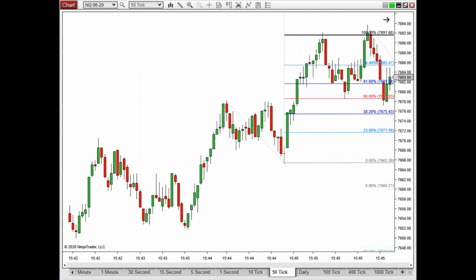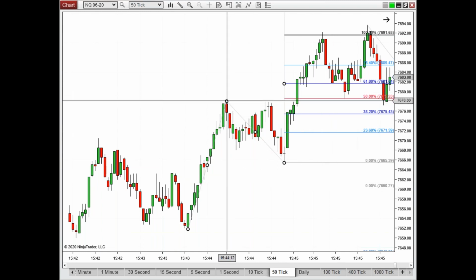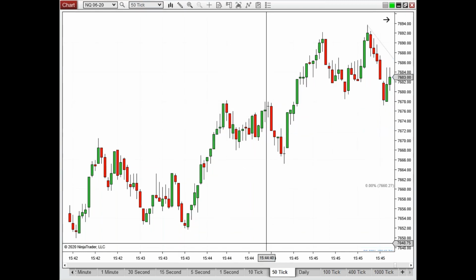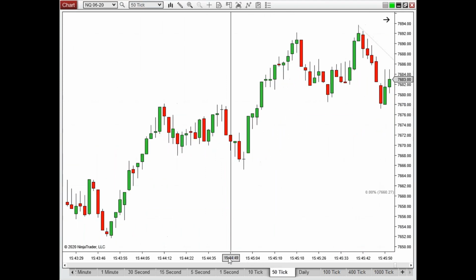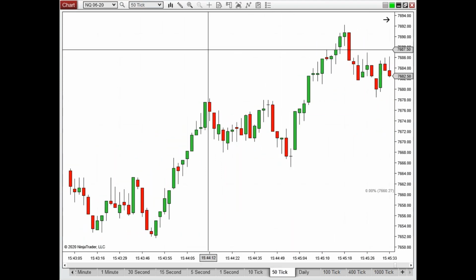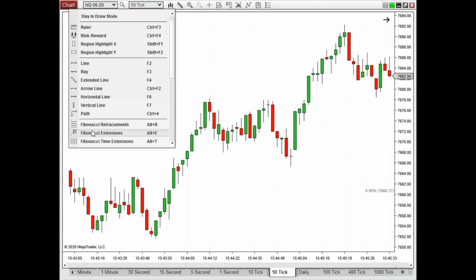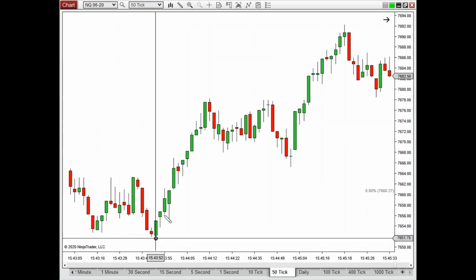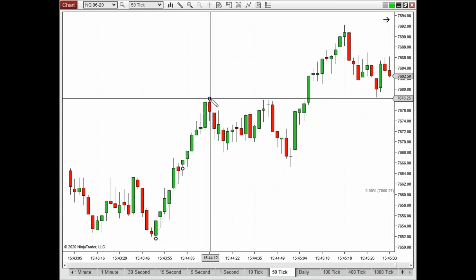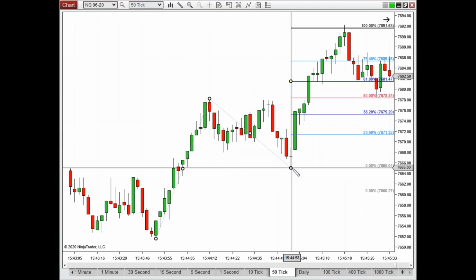So we were looking at this 2-wave pullback into the end of the day, the other day, heading into the weekend. And what we're looking at for that Fibonacci extension is we had the original main move off of the lows, 2-wave correction, and then the extension.